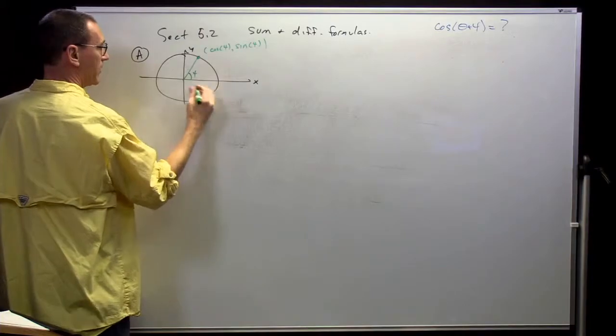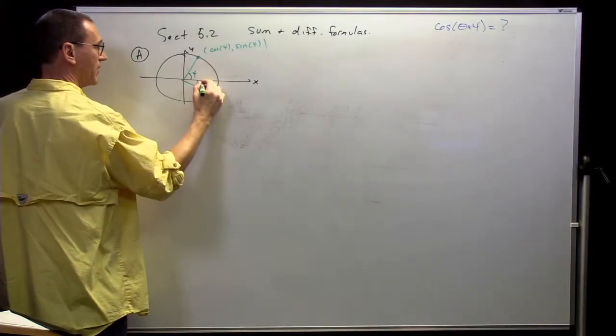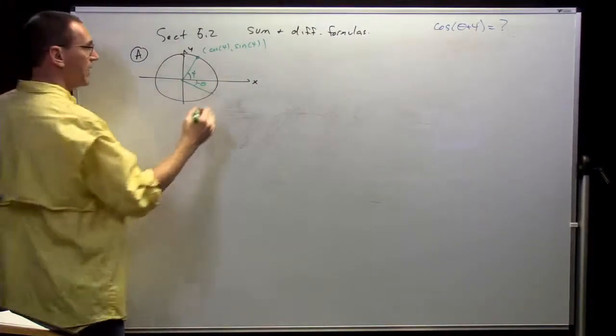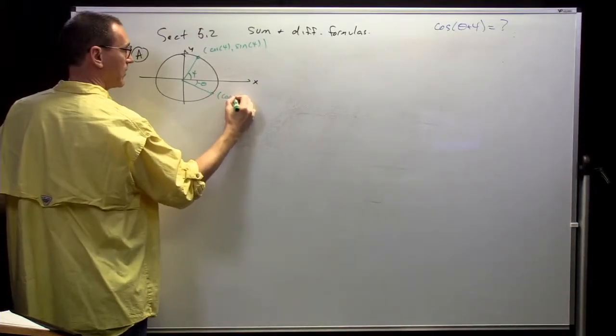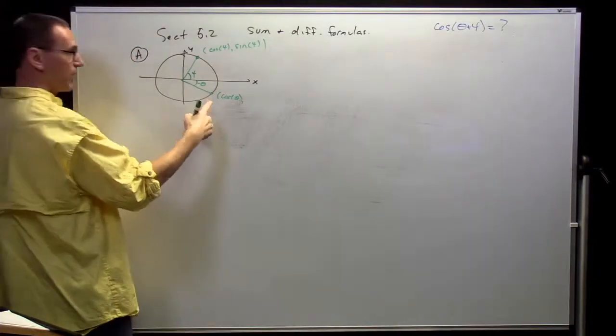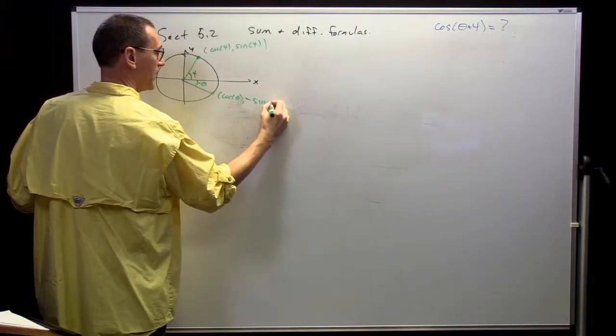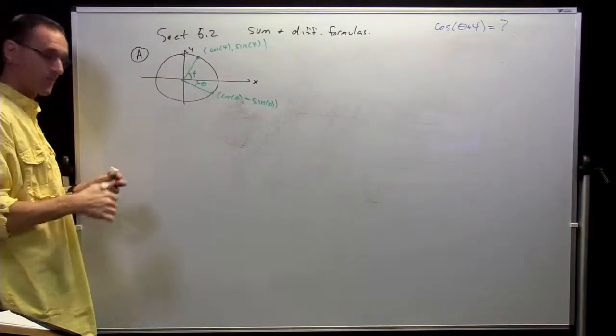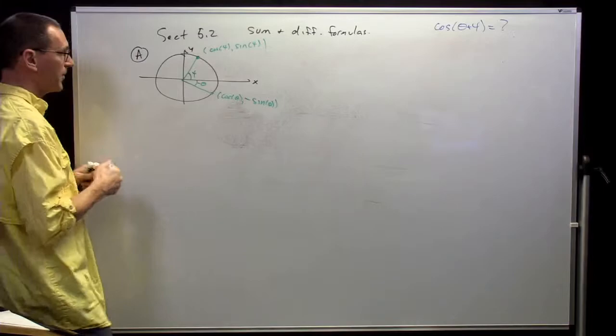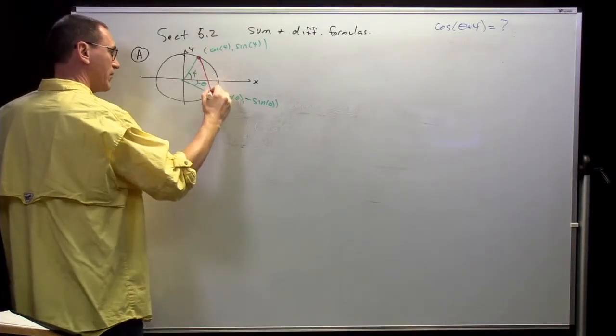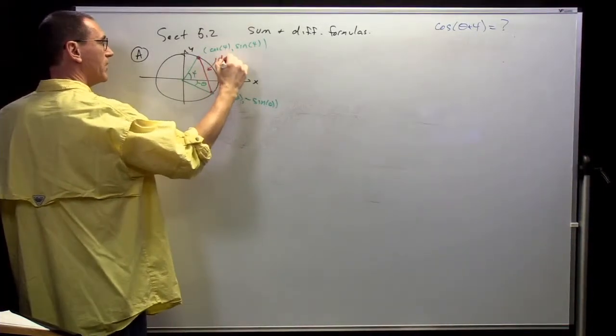Suppose I've got another angle here. We're going to call this, say, minus theta. This point right here is going to be cosine of theta, and because it's in the fourth quadrant, it's going to be minus sine of theta. And so what I'm going to do is find the distance between those 2 points.